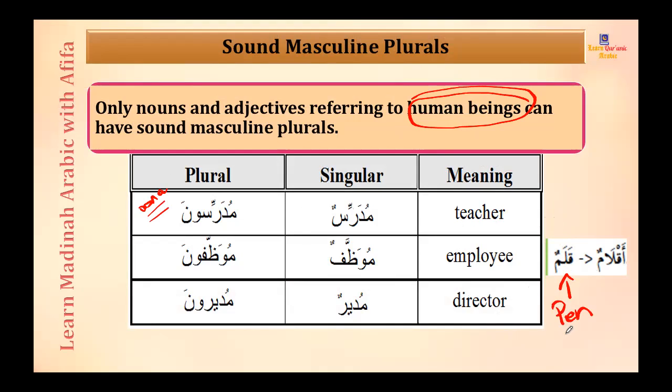That is incorrect. For masculine plurals that are objects, non-human, you would use a broken plural that we talked about. Now, there are patterns of broken plurals that we will study in future lessons so that they're easier for you to identify when you come across them in the Quran. Okay, this is a future lesson.